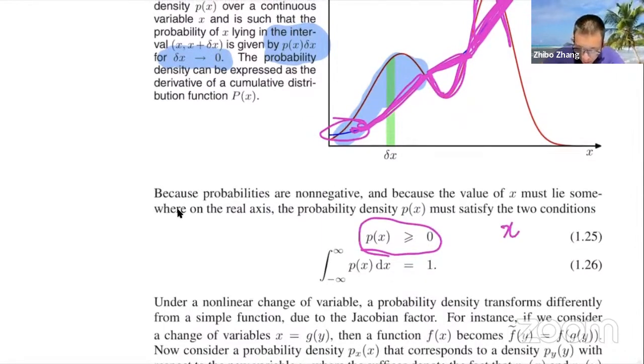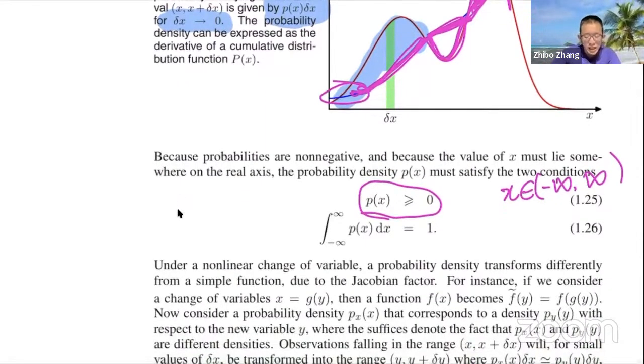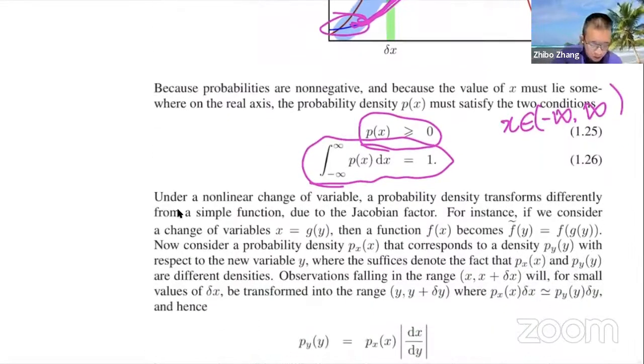And the integration over all the possible values of x, from negative infinity to positive infinity if we don't have any constraint, is going to be equal to 1.